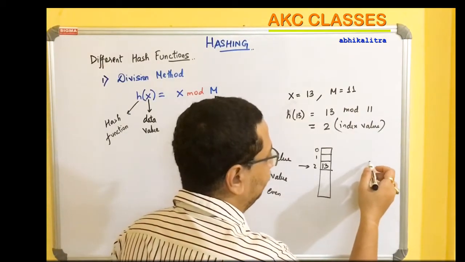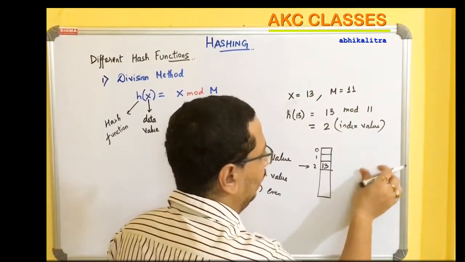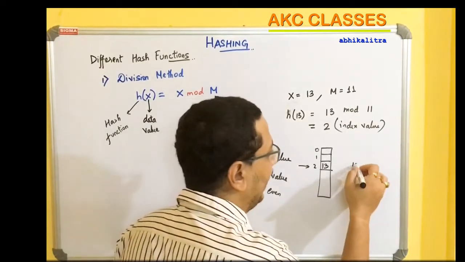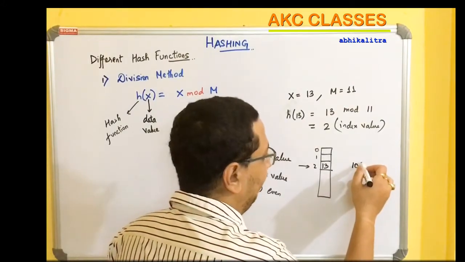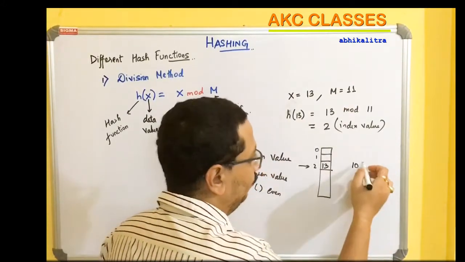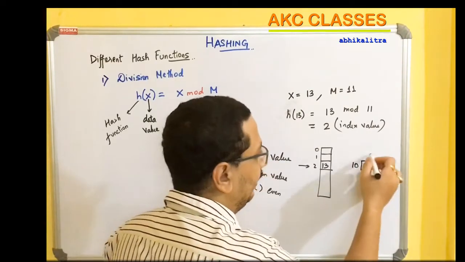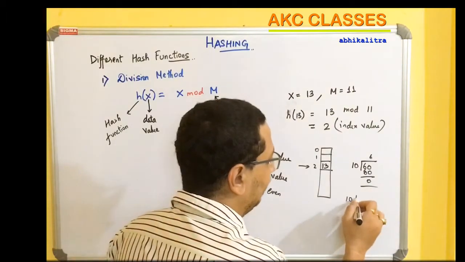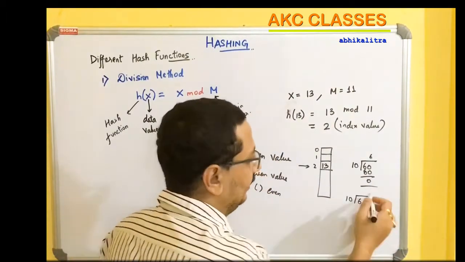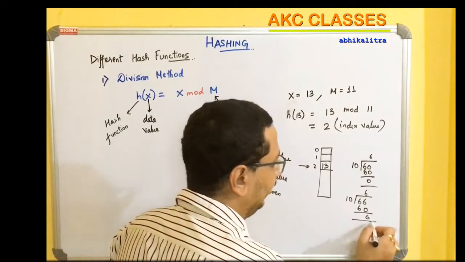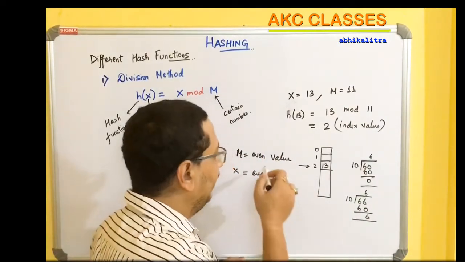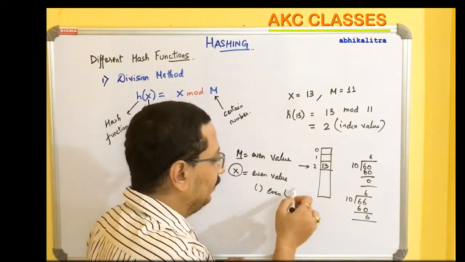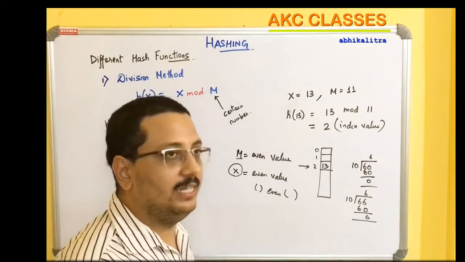So for example, if I take the value of m to be 10, and the x value to be 60, then I will get 0. Then if I take the value 66, then 6 again, which is an even value. So every time x is an even value, since m is also even, the remainder will also be an even number.